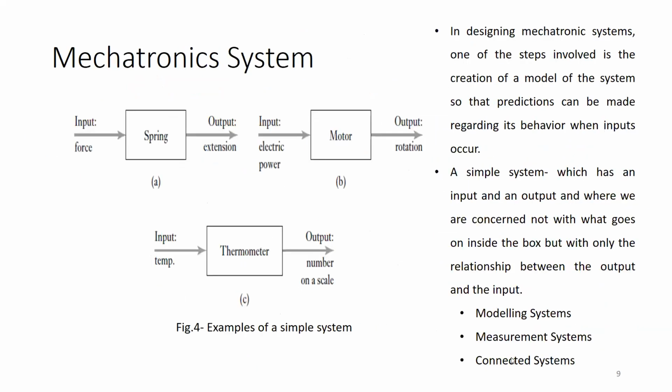Modeling, measurement and connected system. So we started with the mechatronic system and we firstly converted everything to a simple system. तो सिंपल सिस्टम में भी जैसा रिलेशन होगा उसके हिसाब से उसको आप 3 डिफरेंट सिस्टम में डिवाइड कर सकते हैं, मॉडलिंग, मेजरमेंट एंड कनेक्टेड सिस्टम.